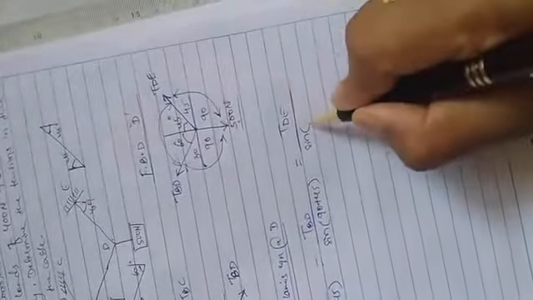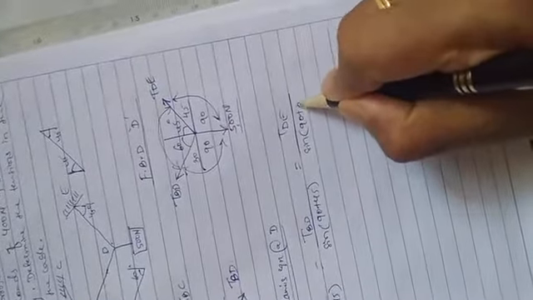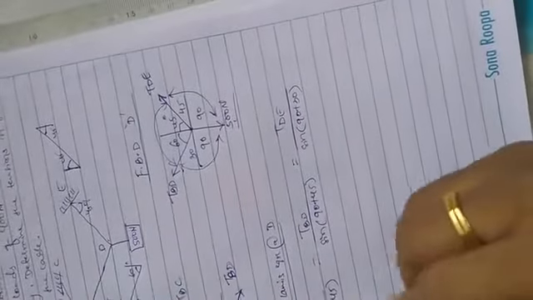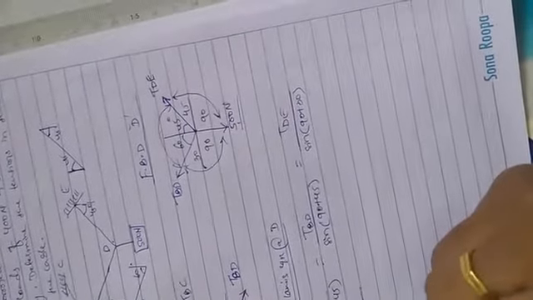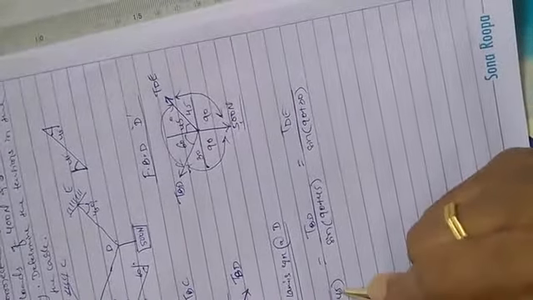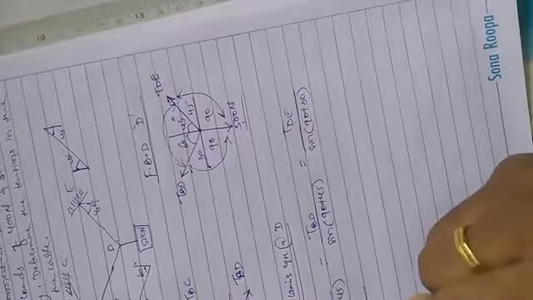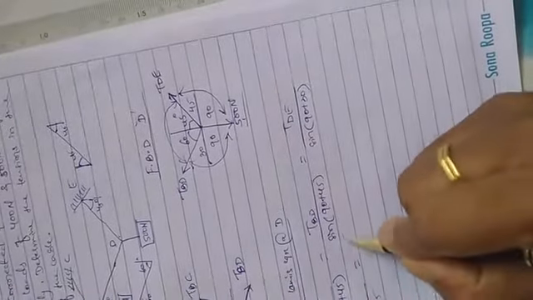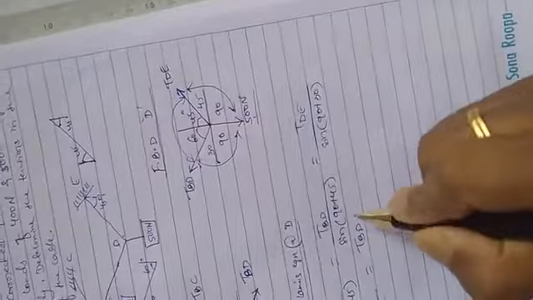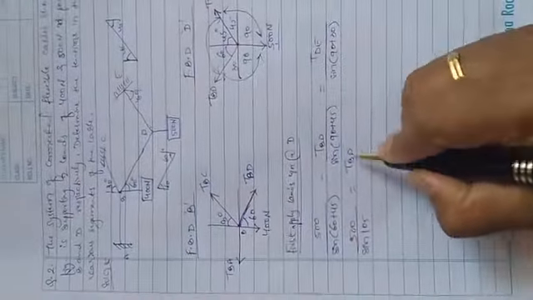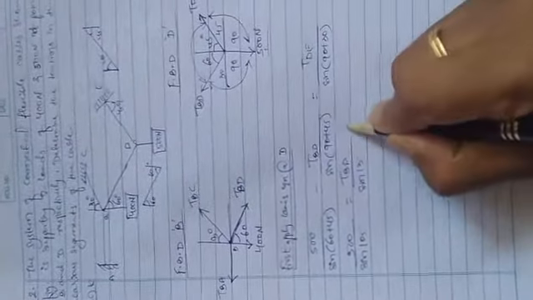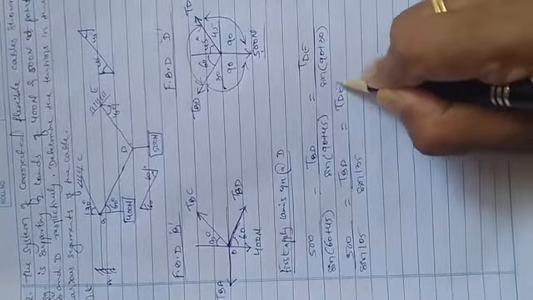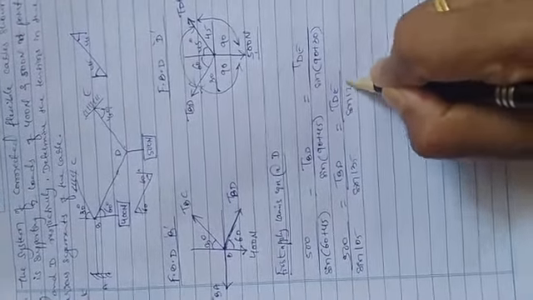The angle between these two is 90 plus 30. Now 500 divided by sine of 60 plus 45, which is 105, is equal to TBD divided by sine of 135, is equal to TDE divided by sine of 120.